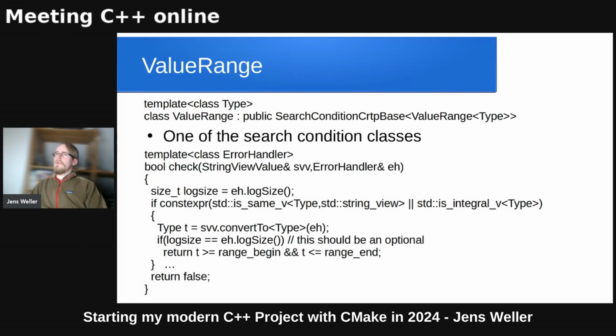Let's go over value range as an implementation. So here we see basically how I check if an error has occurred currently. I get the log size, and I see if the log size is still the same when we converted this.